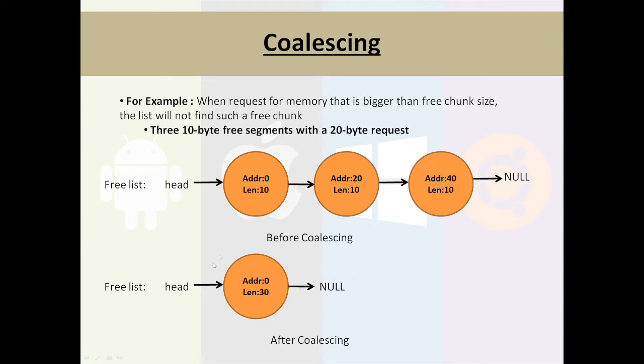Well, you might assume that we have a single node now that starts at the first address of 0 with a length of 30, right? 10 plus 10 plus 10 is equal to 30. Now, this is in fact wrong. The reason for that is that these free chunks or free nodes are not next to each other.